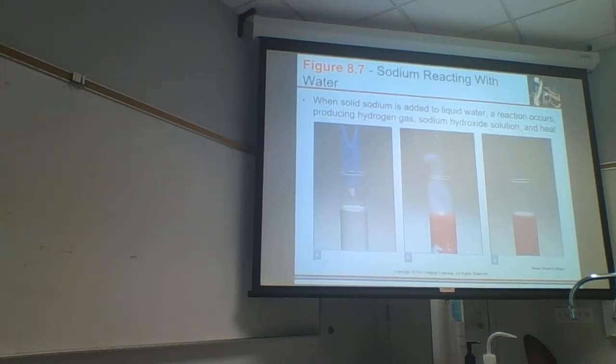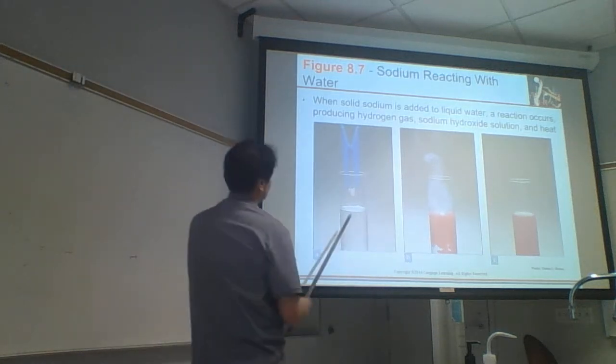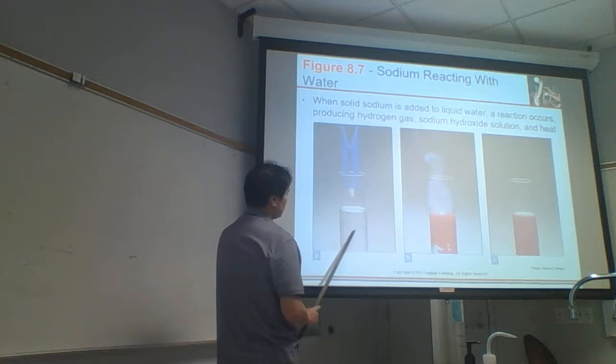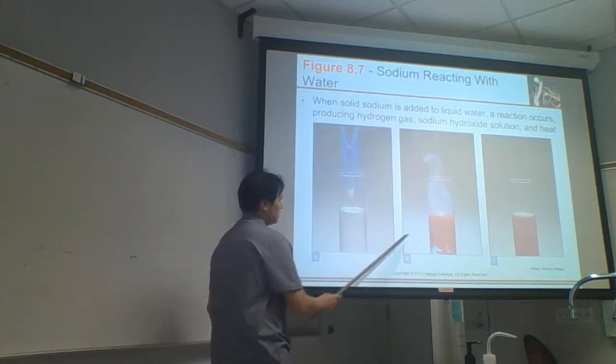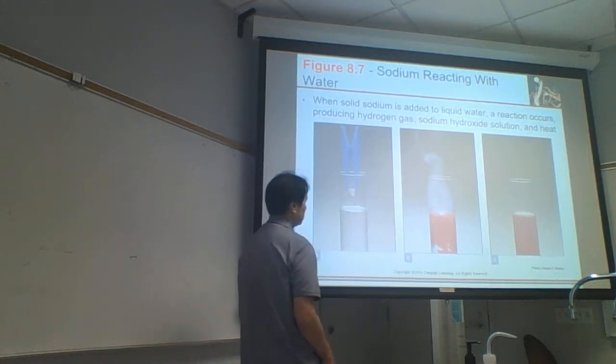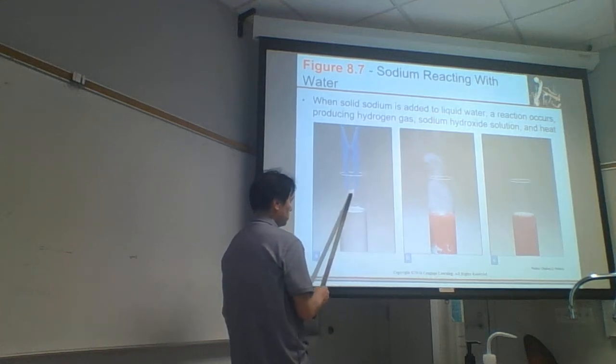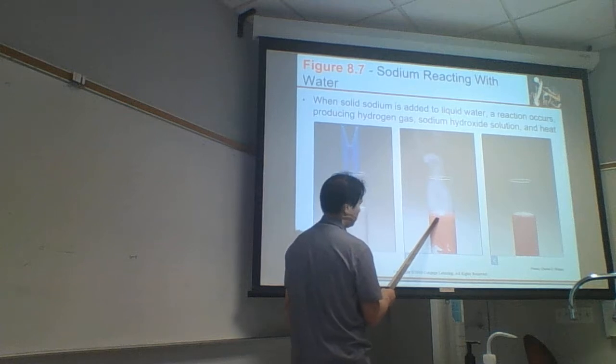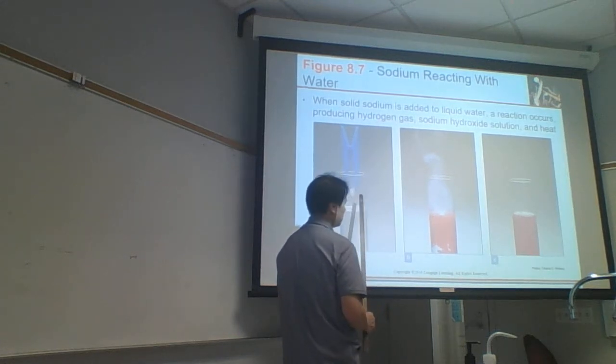Okay, here we have sodium reacting with water. They put a dye in the water. You can't see the dye here. You can see the dye after the reaction started. When the sodium goes in the water, you can see a little molten ball of sodium. A lot of heat's generated. When the sodium comes into contact with water, it gets hot.